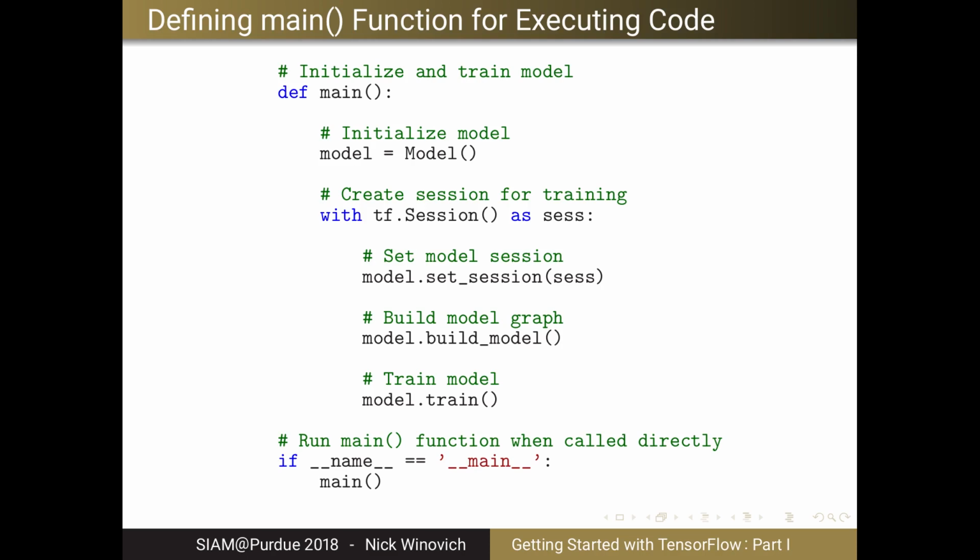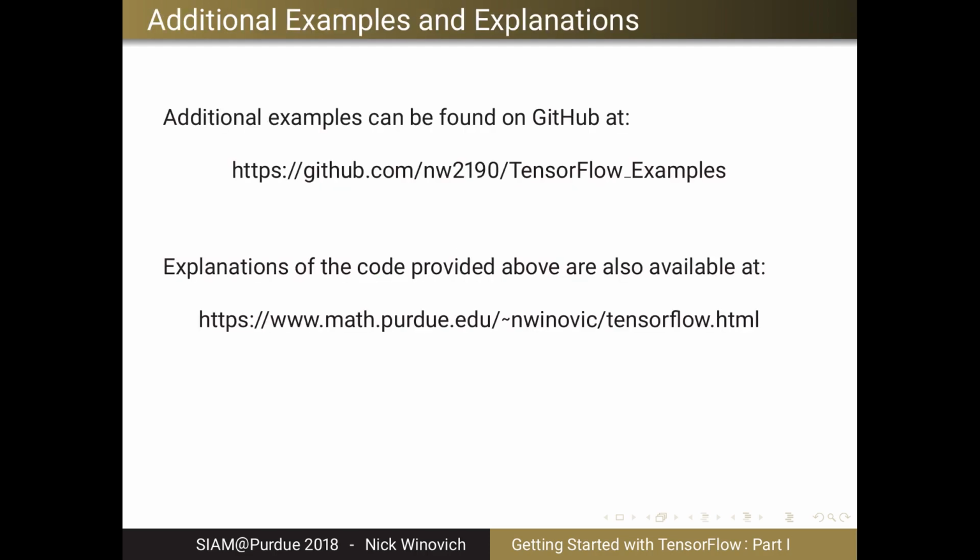This avoids that whole program or code above being called if you're just importing this in another file. So if you're running this directly from the command line, it will assign the name main, and then it will execute this. And so this is just an example workflow that you would put after you defined the object and the classes. And we'll get much more into this later.